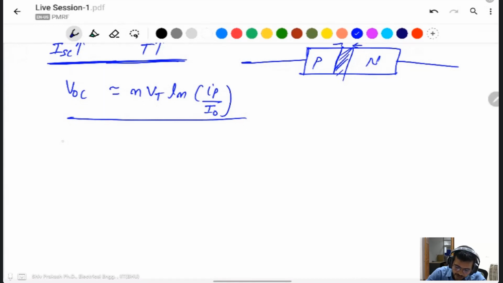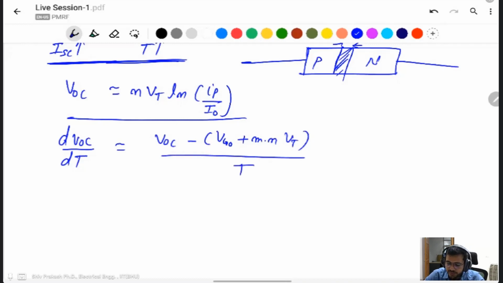If you want to calculate the change of VOC with respect to temperature, you find dVOC/dT is approximately minus (VGO minus VOC) and VT, divided by temperature. Here n is fixed for silicon, VT depends on the temperature, but if we consider the whole parameter, then we find the voltage will be reduced.